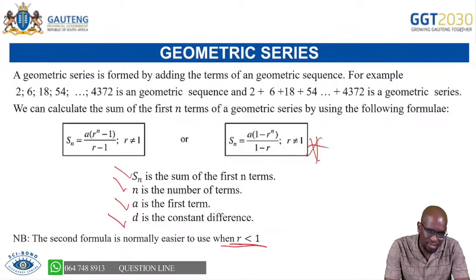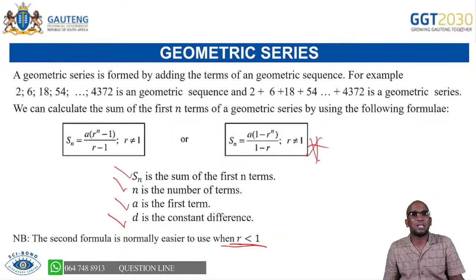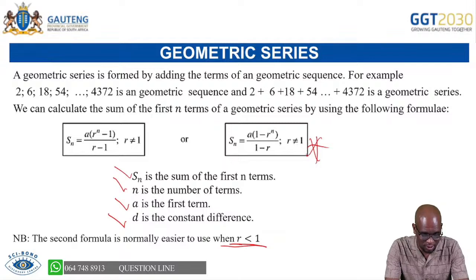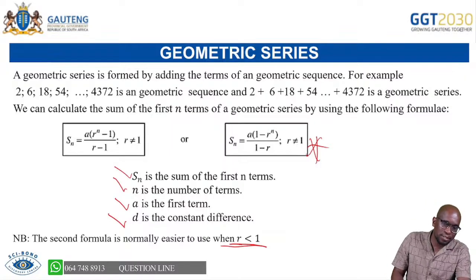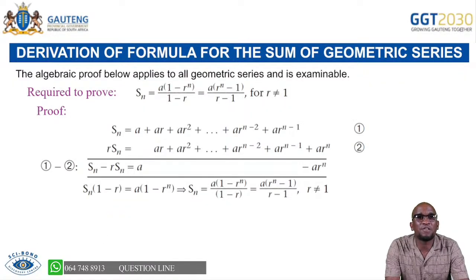It makes your work a bit easier so that you don't have to operate with tedious work. So the work becomes manageable when you use the second formula when r is less than 1. Right. Now let's move on with the derivation.